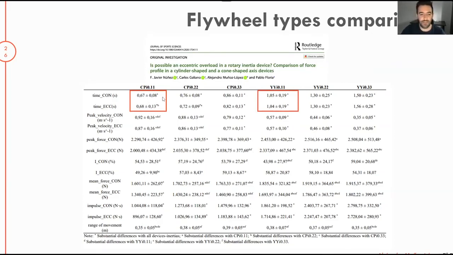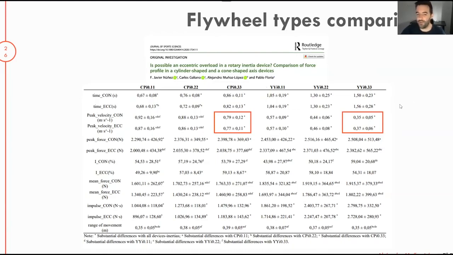Almost 60% of the time in both phases in the conical pulley compared to the horizontal cylinder. If we see peak vertical velocity on the conic pulley is almost double compared to the yo-yo, and we're talking about the highest moment of inertia.